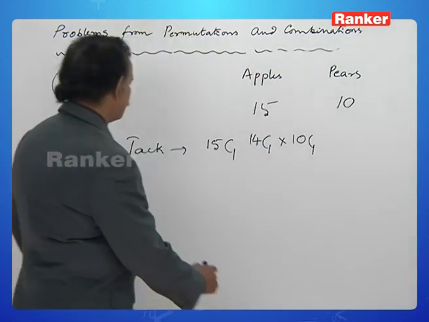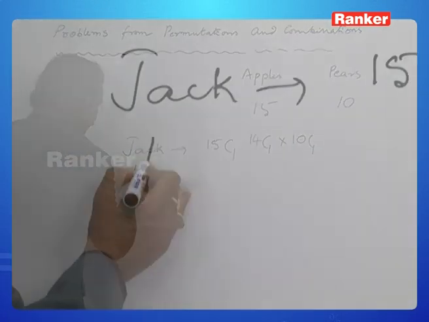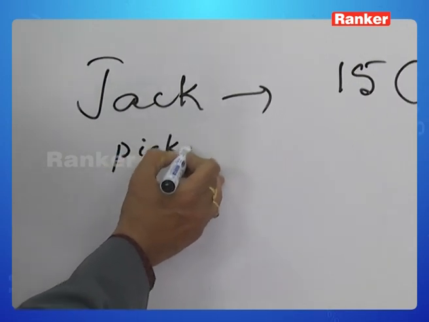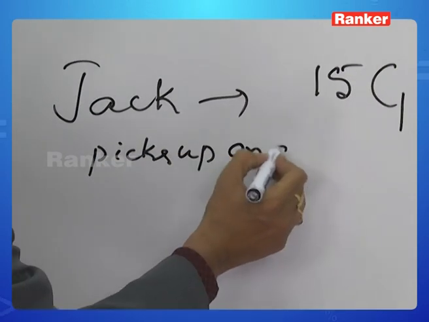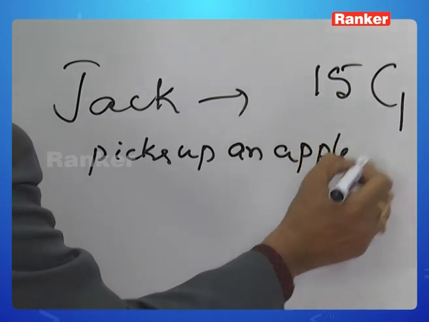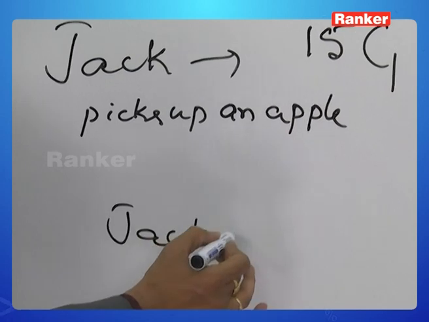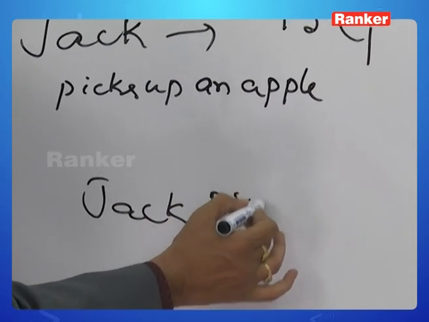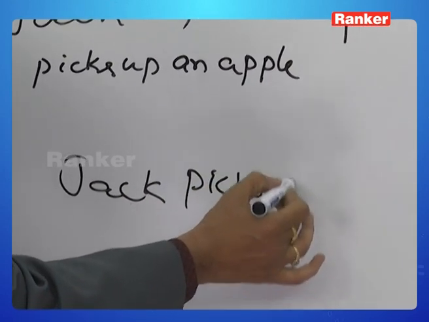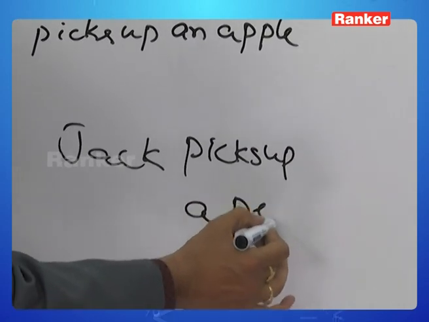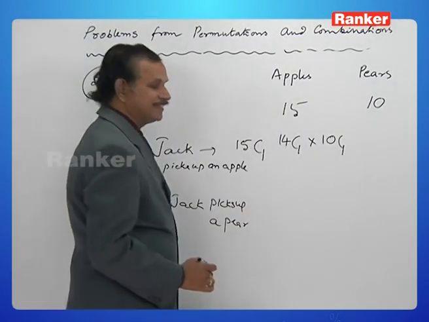Next, the other possibility. Now, Jack picks up a pear. How many ways can he do that?